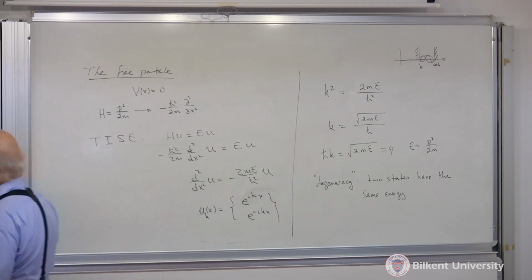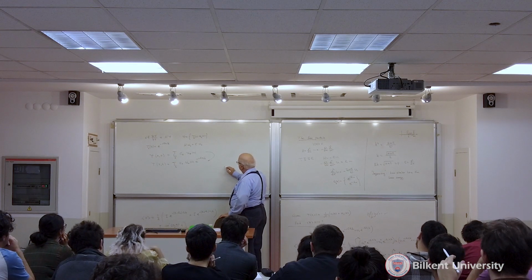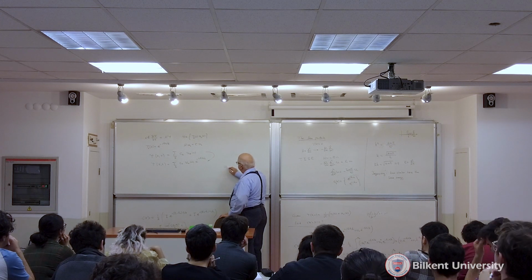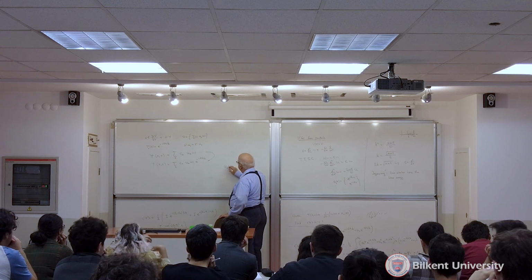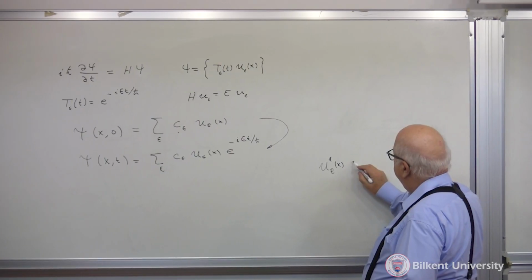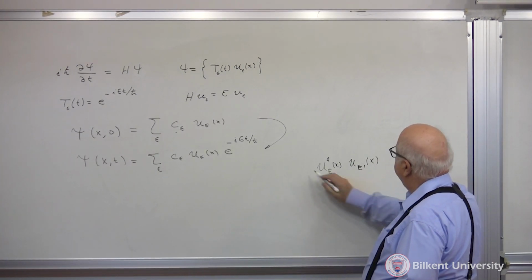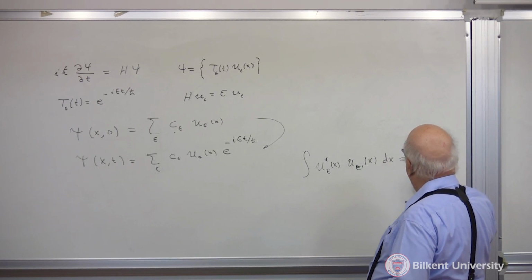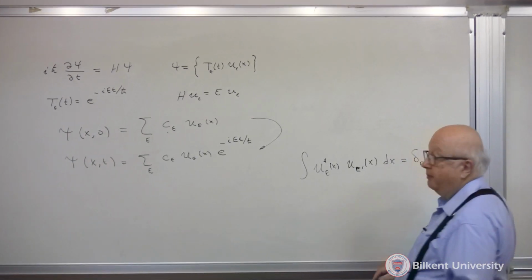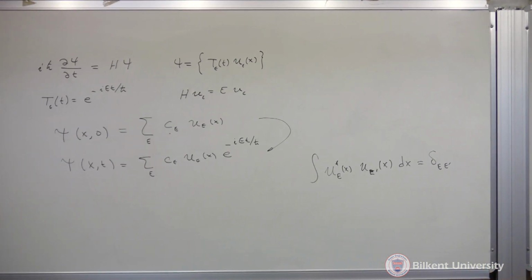Remember that I told you last time that if you have two of these things, we call them un and um, but it doesn't matter, u_E of x star and u_E prime of x integrated dx was delta_E E prime for discrete energies E and E prime.